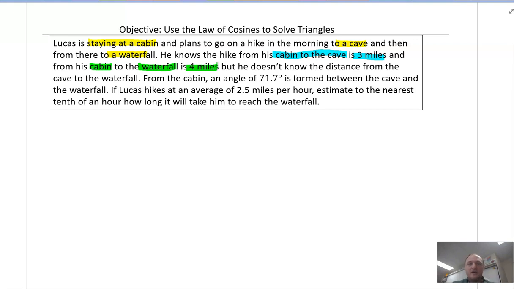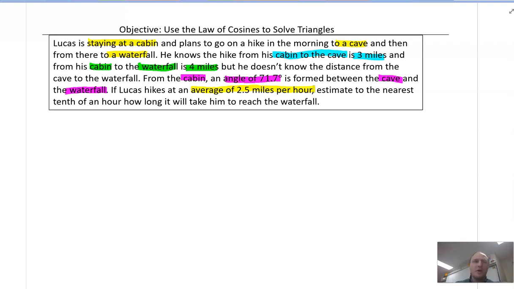It says from the cabin, an angle of 71.7 degrees is formed between the cave and the waterfall. If Lucas hikes at an average of 2.5 miles per hour, estimate to the nearest tenth of an hour, how long will it take for him to reach the waterfall?